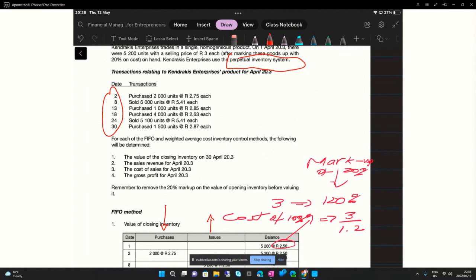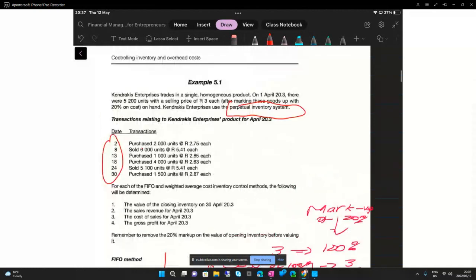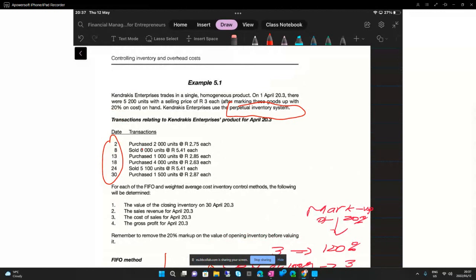There is a purchase of 2,000 units, and 6,000 units are sold afterward. But when you read the problem, you can see that there were 5,200 units at a selling price of 3 rand each. So these 5,200 were there on the 1st of April.